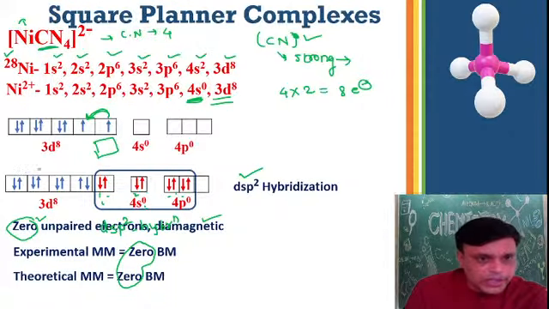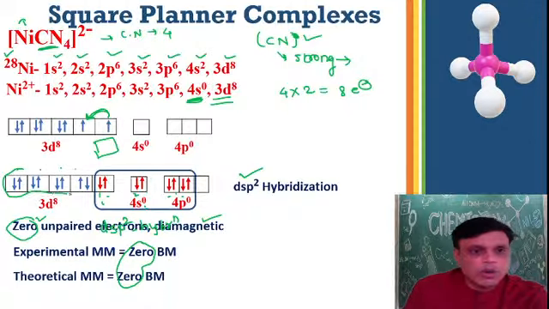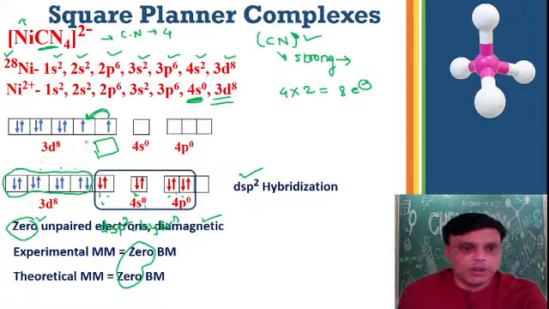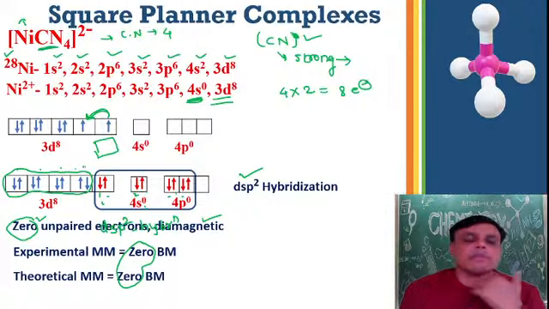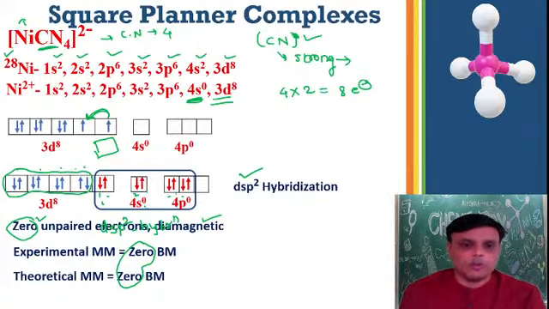And now these 8 electrons, 2, 4, 6, 8, these 8 electrons are called non-bonding electrons. They are called non-bonding electrons because they do not take part in the hybridization. They do not take part in the process of bond formation, neither sigma bond formation nor coordinate bond formation.